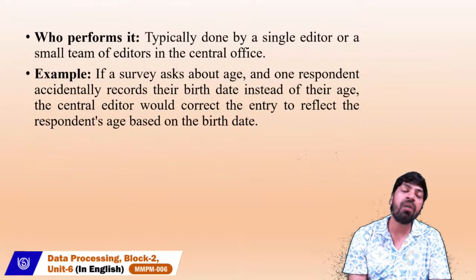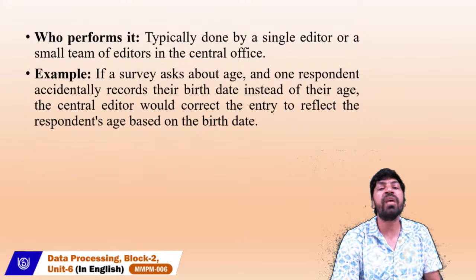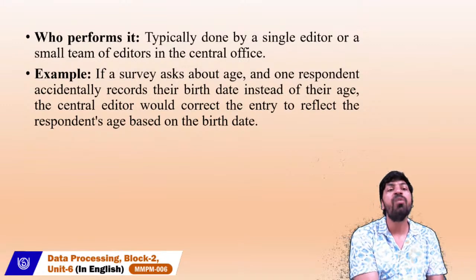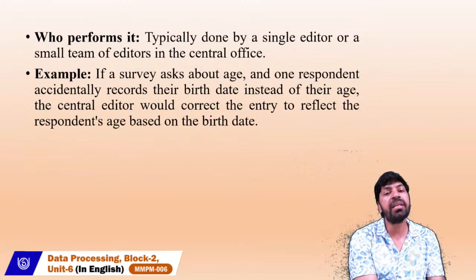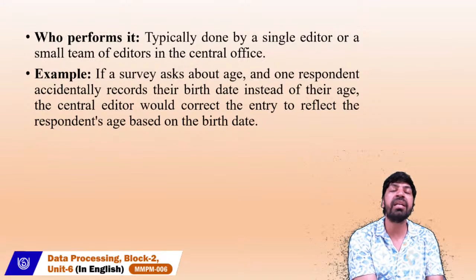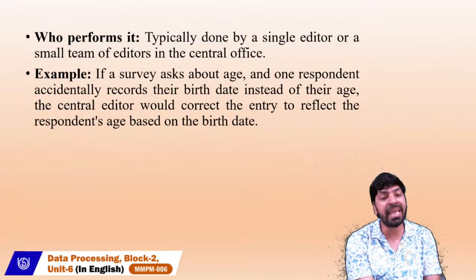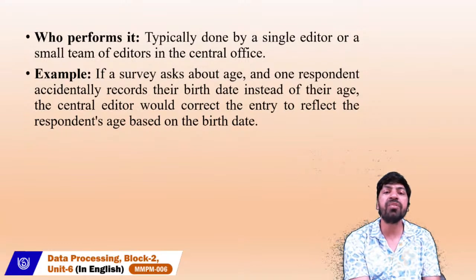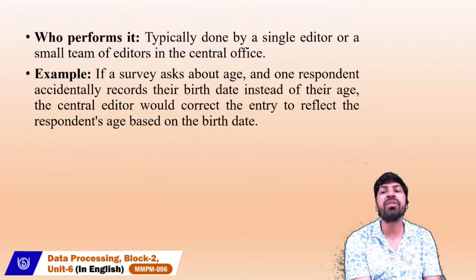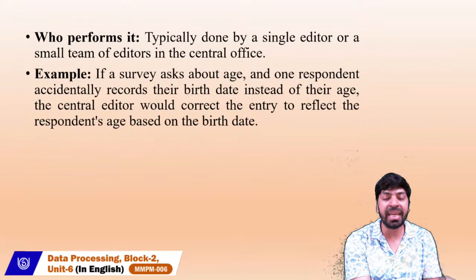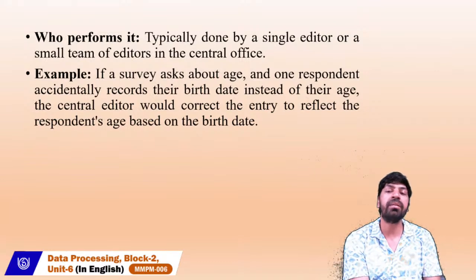For an example of central editing, suppose a survey asks about age, and one respondent accidentally records their birth date instead of their age. The central editor would correct the entry to reflect the respondent's age based on the birth date.